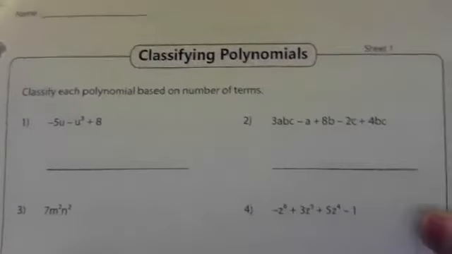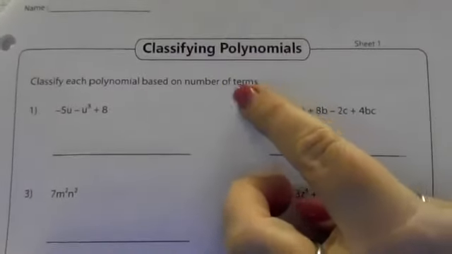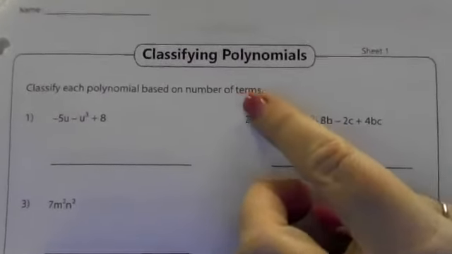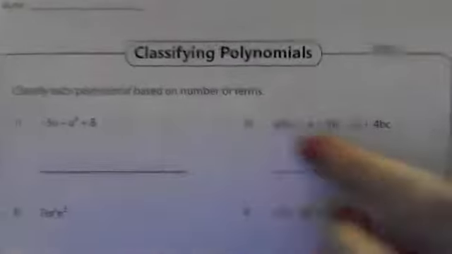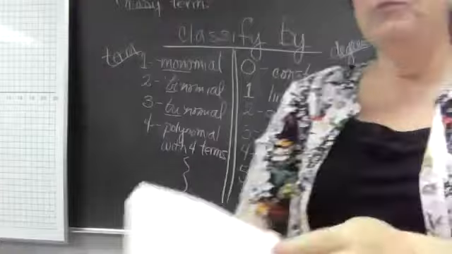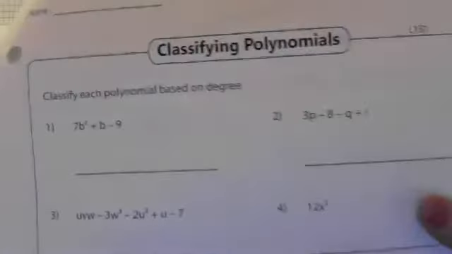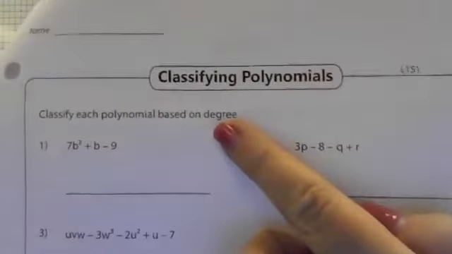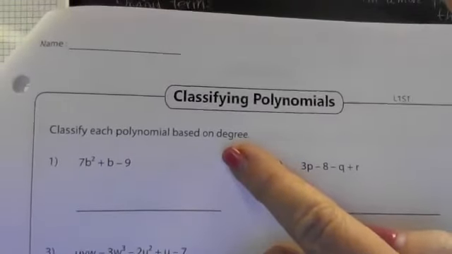Okay, now on this one, I want you to underline in the instructions, you're going to classify this, which means give me the name, but see where it says number of terms. So underline the word terms, because all the names on this page are going to be according to the number of terms. So you're going to take that from the term list. The next page, you'll underline degree, because you'll only be using the degree names. See it? So underline degree so you know which words you're going to be using here. See the instructions?